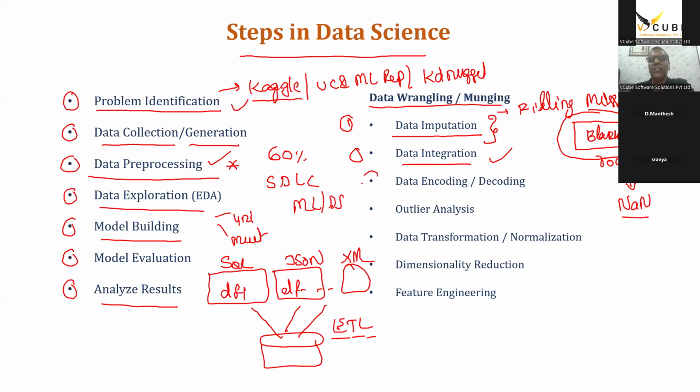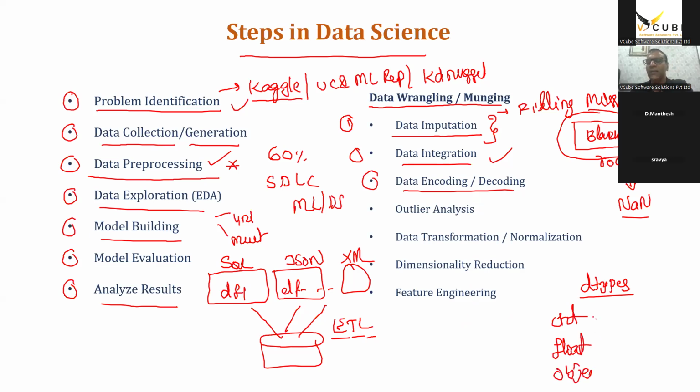And the third stage is called data encoding and decoding. So what is the meaning of data encoding? Now, whenever you take any database, first of all, we should study the data types. It can be done by using an attribute called dtypes. Basically, the data will be represented in the form of integer data, float data, or object data.